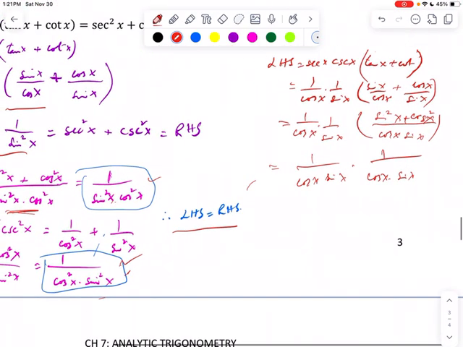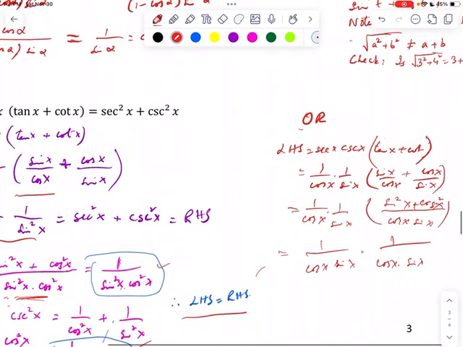So this also gives you 1 over cosine square x times sine square x.